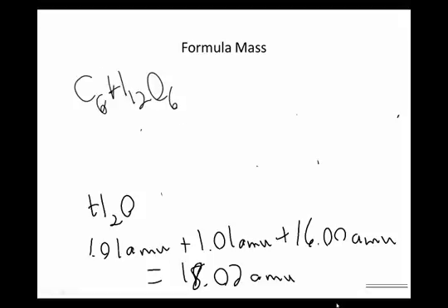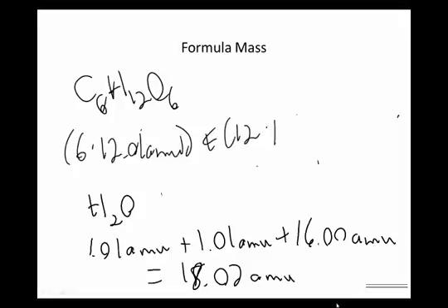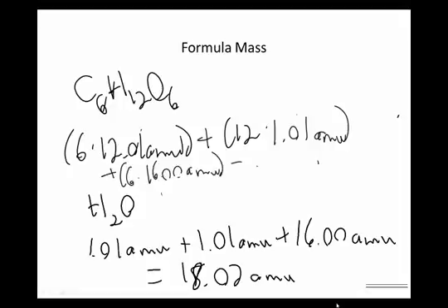Instead of taking the mass of carbon plus itself each time, I can just take 6 times 12.01 AMU plus 12 times 1.01 AMU plus 6 times 16 AMU, which equals 180.12 AMU.